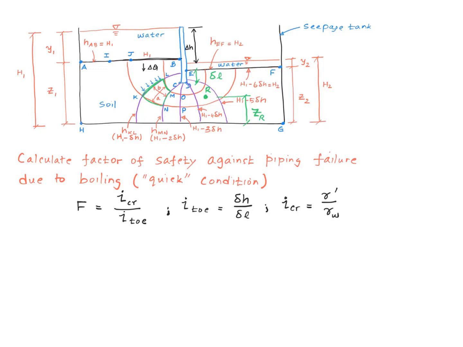And you might recall from the one-dimensional analysis of a vertical tube, we came up with this expression for I critical, right? I critical equals gamma prime divided by gamma sub W. Gamma prime is the buoyant density of the soil. Gamma sub W is the density of water. So if I toe is very small, we have a large factor of safety, but if I toe is large, then we have a very small factor of safety.